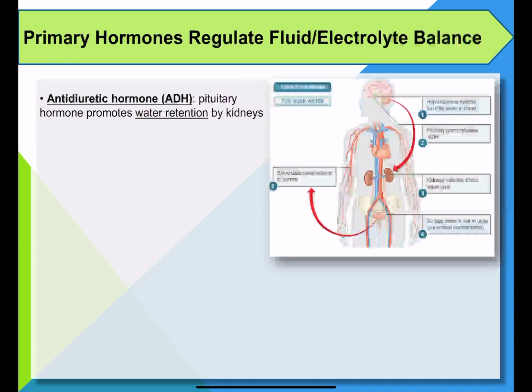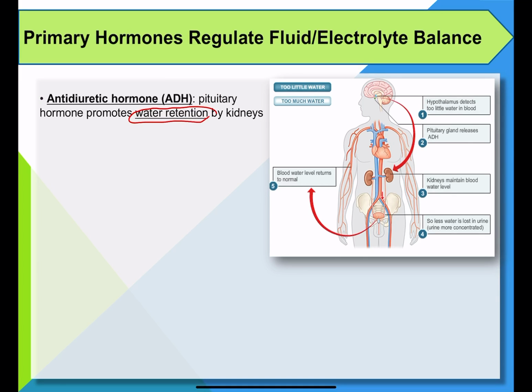All right, so we will re-emphasize those hormones we talked about in the last chapter for the urinary system as primary hormones that regulate fluid and electrolyte balance for the body, okay? We talked about ADH, which is the antidiuretic hormone that promotes water retention by your kidneys.